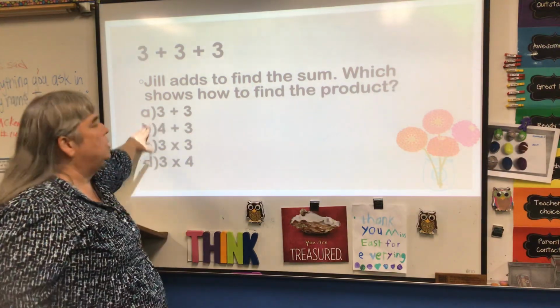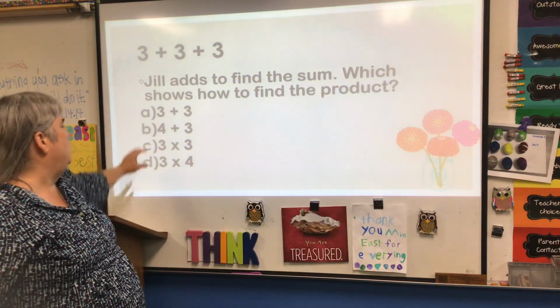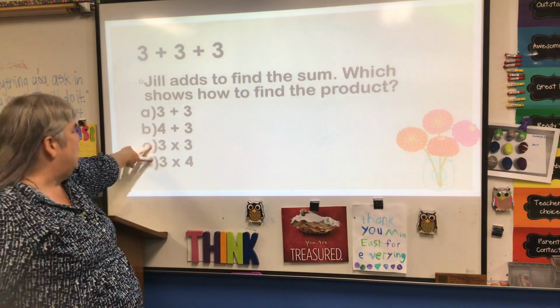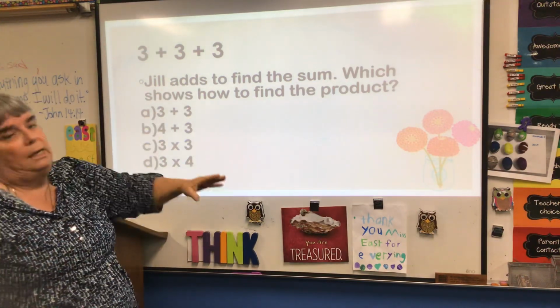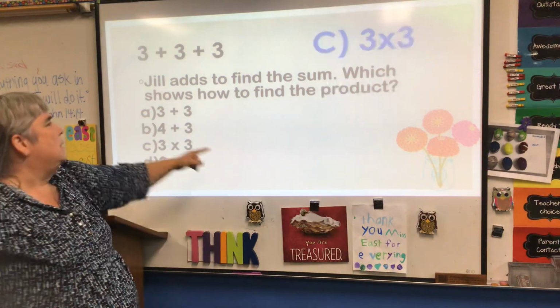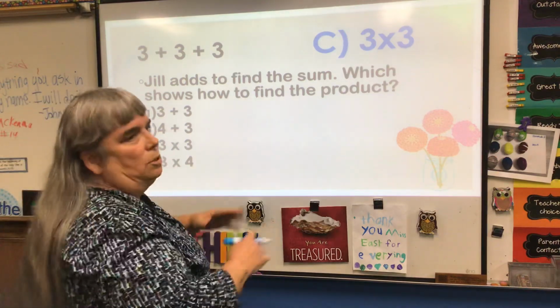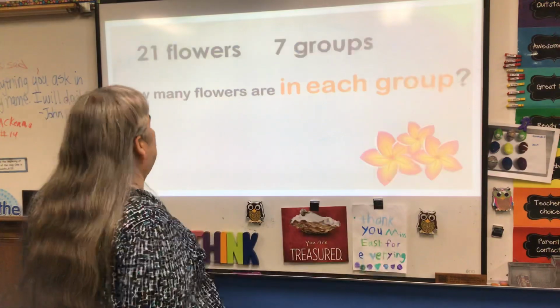They just want to know how you're going to get the same thing if you multiply. So this can't be the answer, this can't be the answer. It has to be between these two. There are 3 equal groups of 3, so your multiplication problem should be C, 3 times 3. That's all you need to know. You don't circle 9. I don't even think 9 is an option.